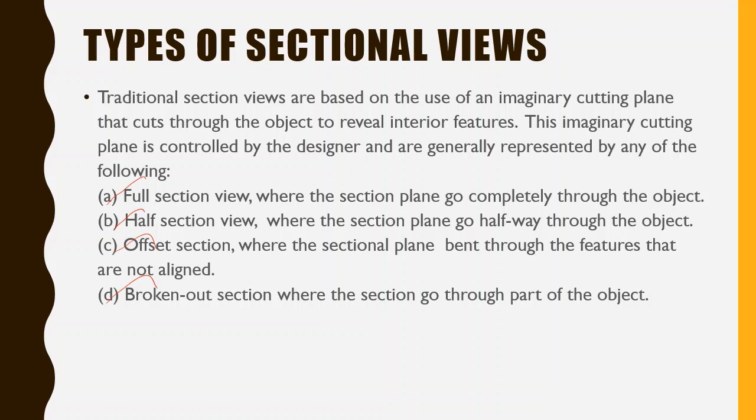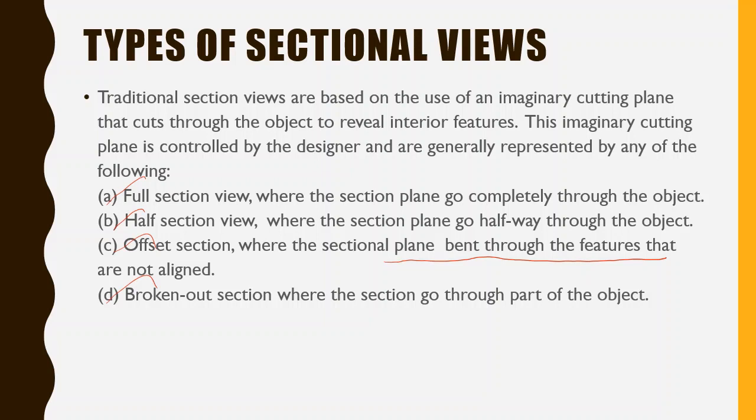Offset section is where the sectional plane is bent through the features that are not aligned. So offset is quite different from a full section view and half section view, but the section plane is just turning, it's bent at 45 degrees, 90 degrees or 30 degrees, according to various angles, right?